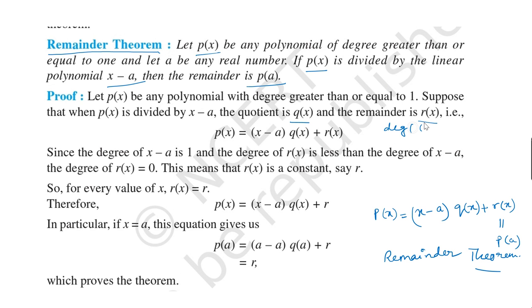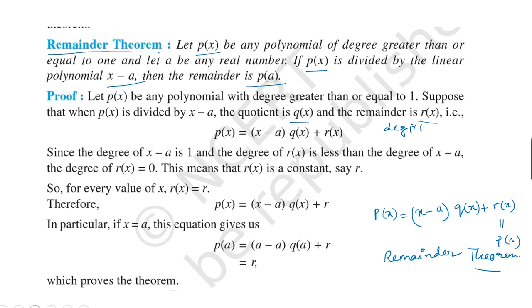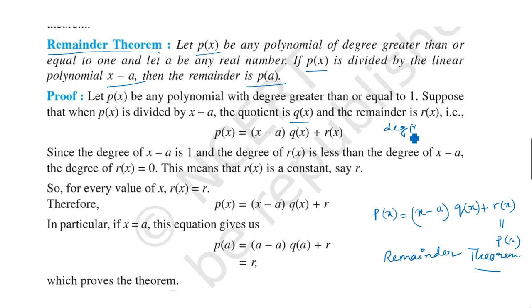The degree of R(x) is always less than the degree of the divisor x minus a, and the degree of x minus a is 1.